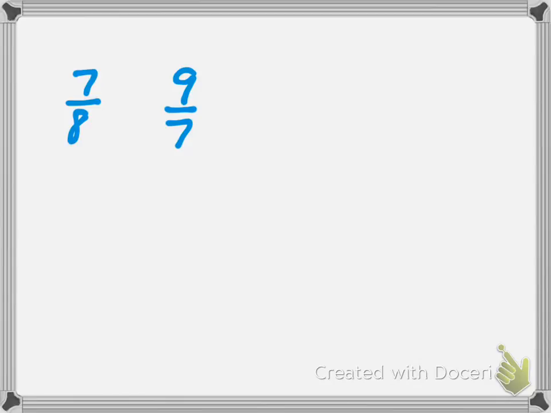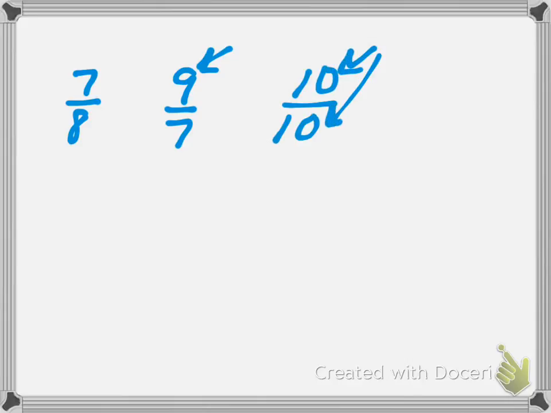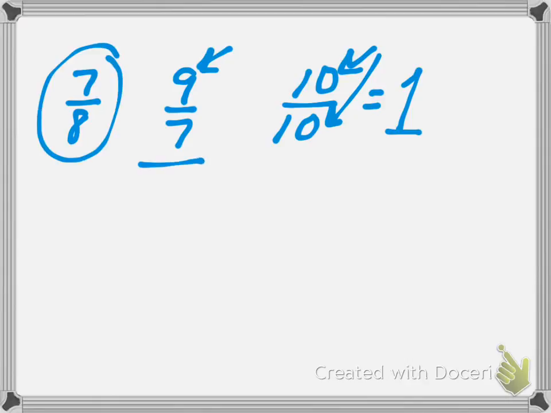It's improper because the numerator is greater than the denominator. And then 10/10, they're equal, which means it's going to be equal to 1. So it's an improper fraction because we would actually write it as a 1. So proper, improper, improper.